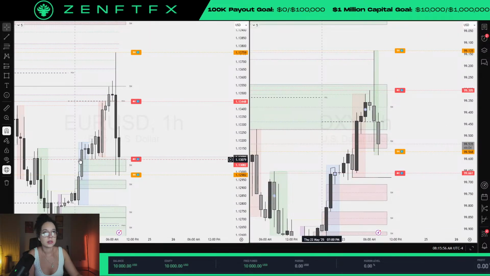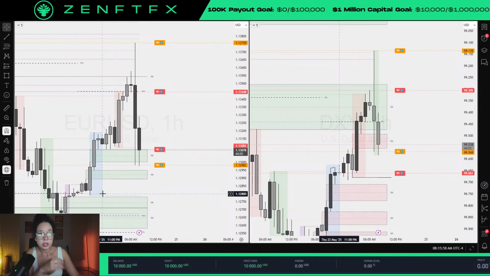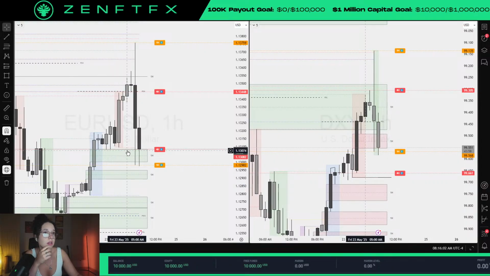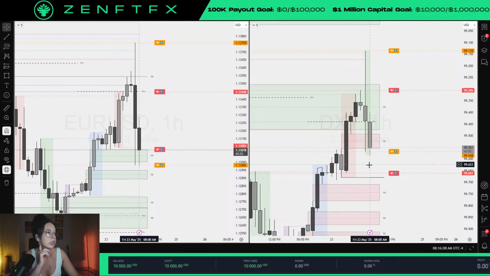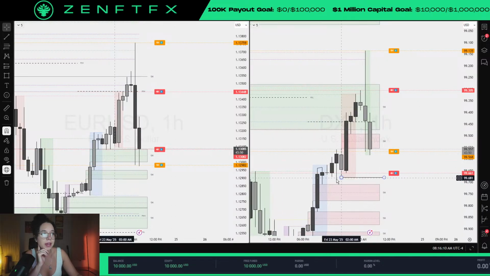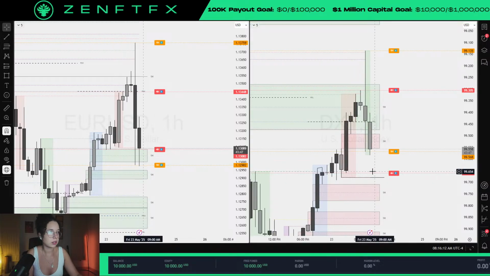Take a look at the DXY and Euro USD. Euro USD is sweeping these London lows and rejecting out of this hourly fair value gap and sweeping the previous 4-hour low as well. Now against DXY, we haven't taken out London lows yet, or the respective 4-hour low either.